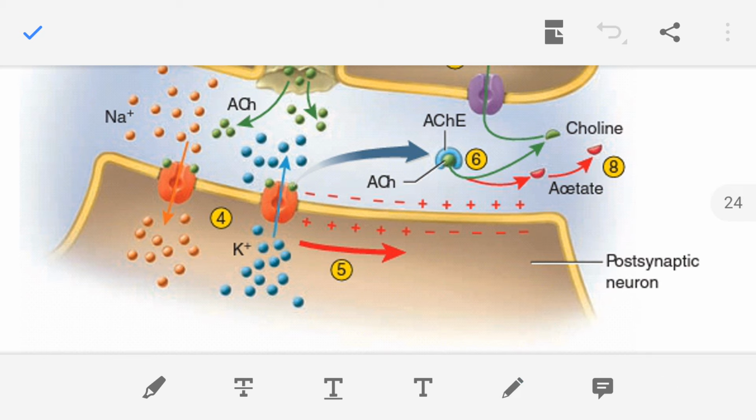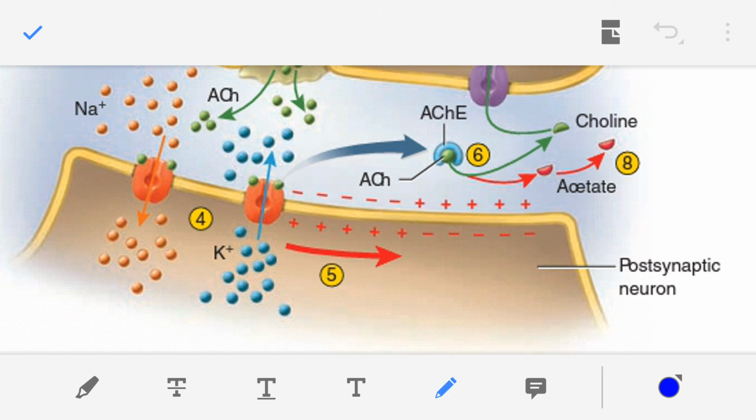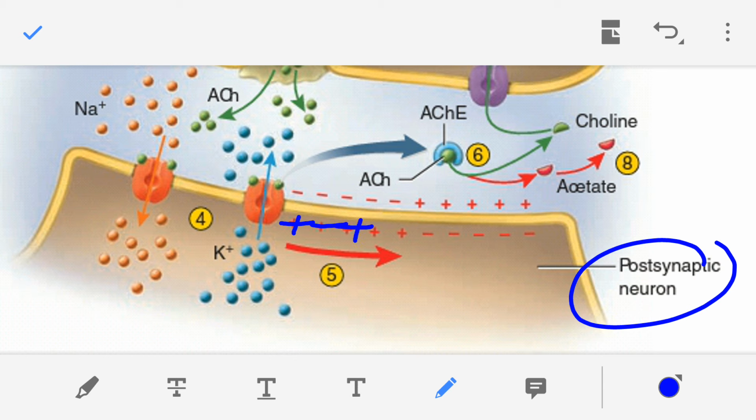Now as the Na+ enters, where do they accumulate? They accumulate on the inner side of the plasma membrane of the postsynaptic neuron. Na+ ions are positively charged, so on the outside of the plasma membrane the negative charge develops. So in this portion depolarization occurs in the plasma membrane.